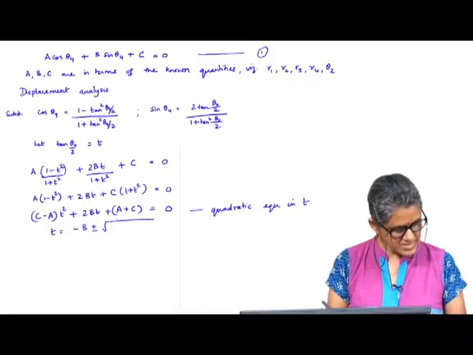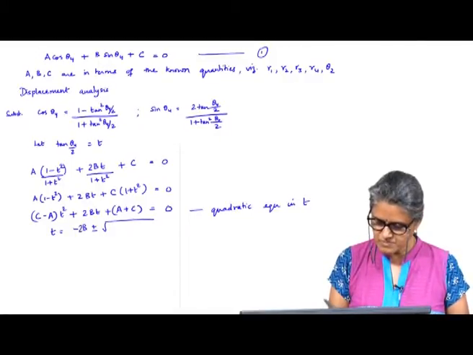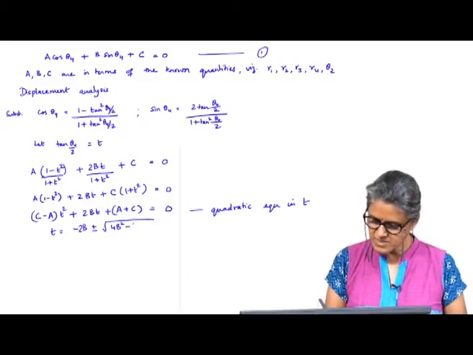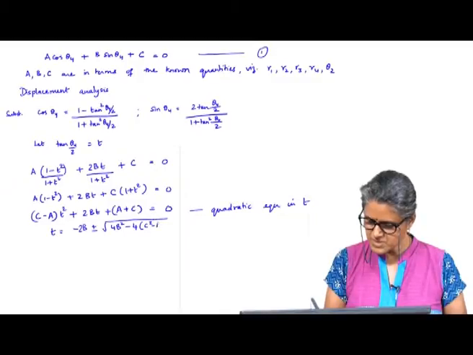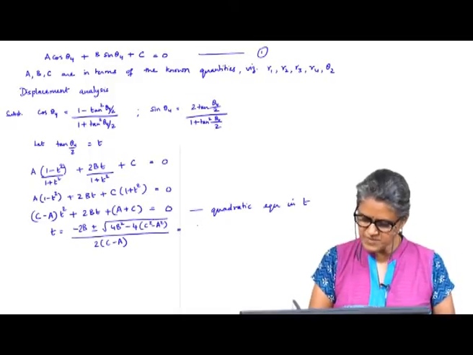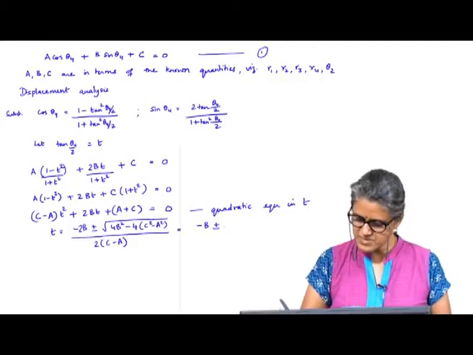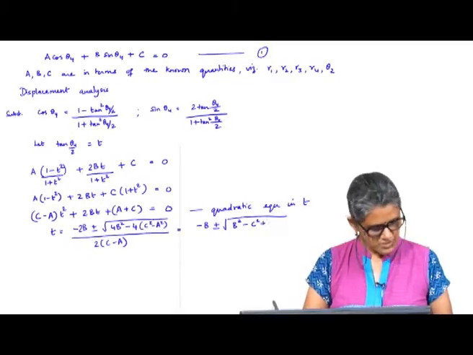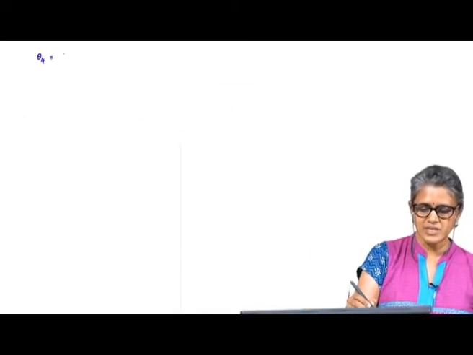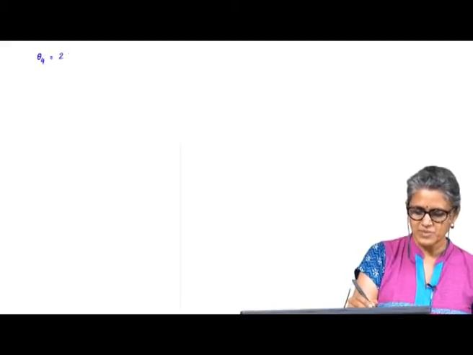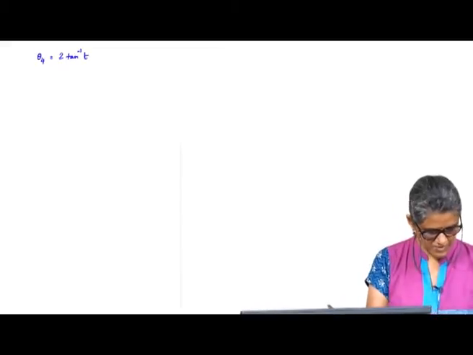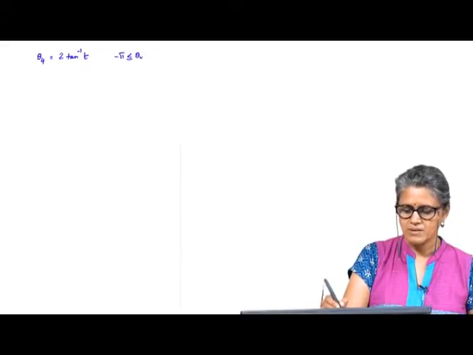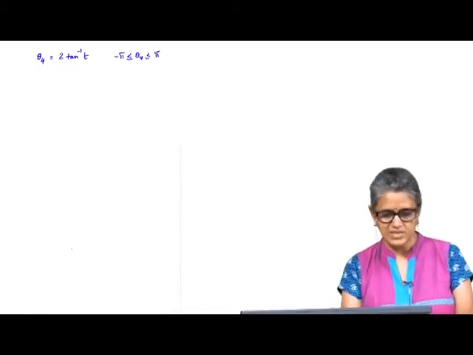If I simplify this, 4B square minus 4 into C square minus A square by 2 into C minus A, which will simplify to minus B plus or minus square root of, I take out the 4 there, B square minus C square plus A square, divided by C minus A. And for theta 4, once you find T, you will get 2 roots of T. Theta 4 will be 2 tan inverse of T, in the range up to pi.